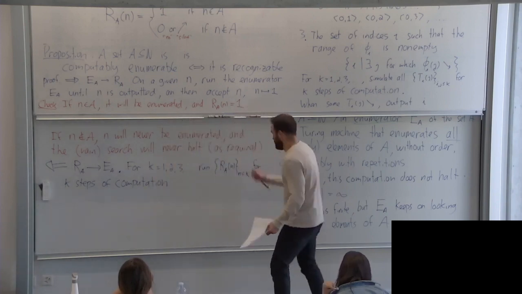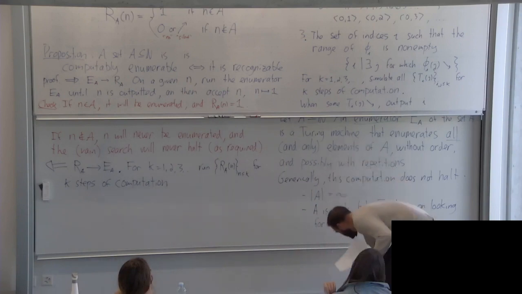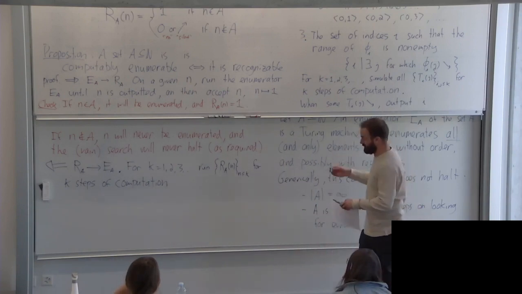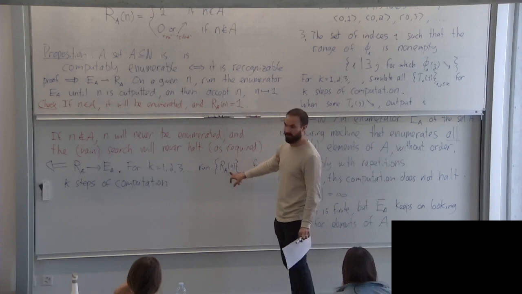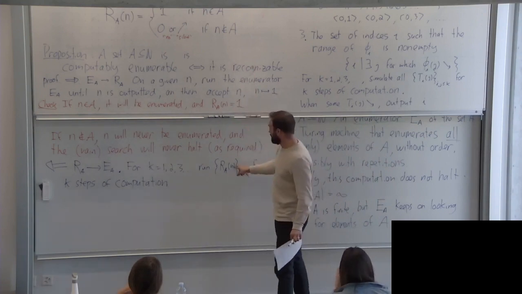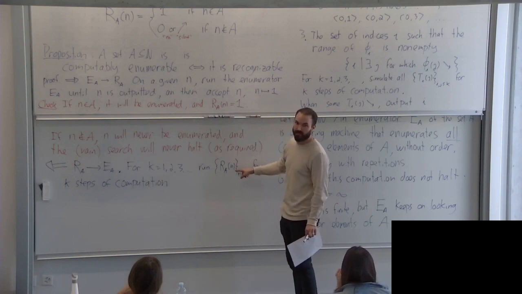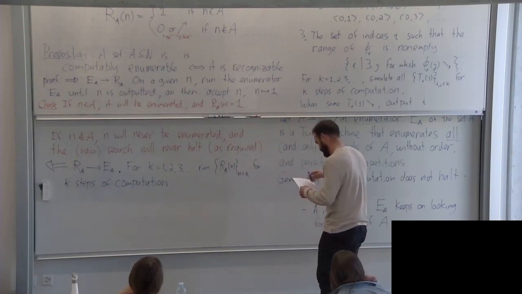Now, once you've found this trick, the natural thing to do is to say, if you find a halting computation which says 1, then you have found a good n, an n that is indeed in the set A. So output that n.